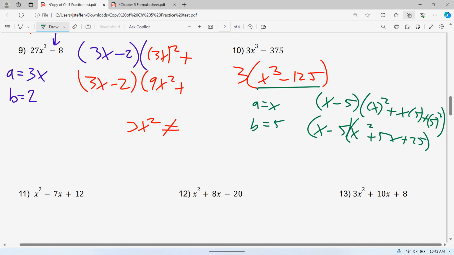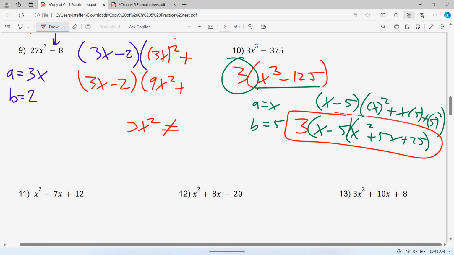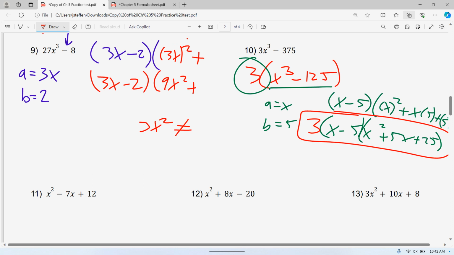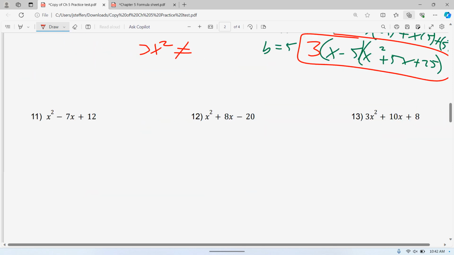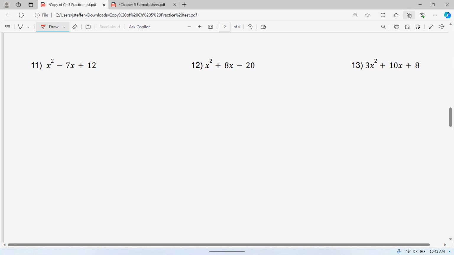So if we took it out, it still needs to be factored. So 1 times 12 goes on the top. Factors of 12 are 1 and 12, 2 and 6.